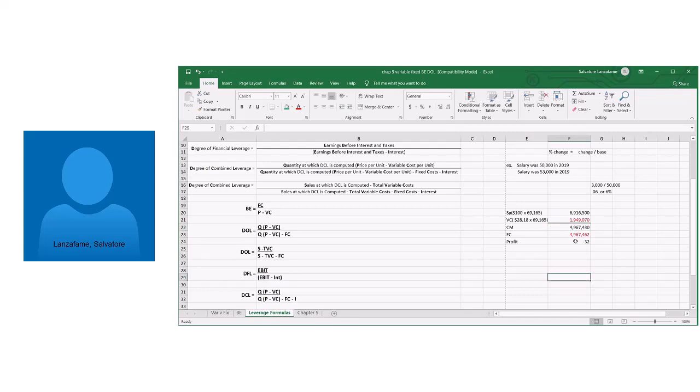That number and the fixed costs should have been the same, but we end up with 32. Okay. So that would be the break-even point.